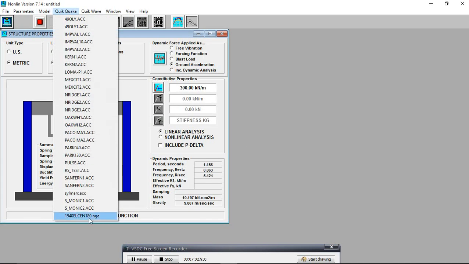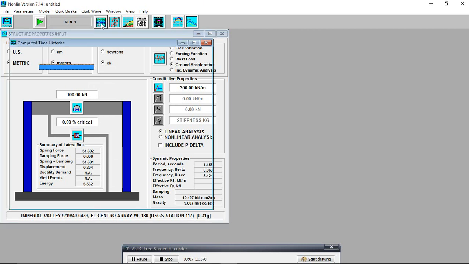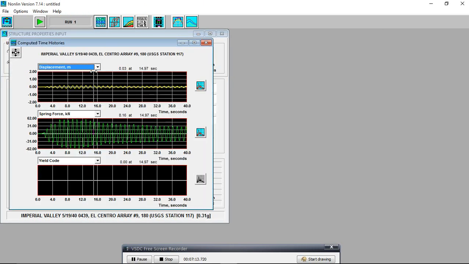I am going to give some earthquake, and after running, you can see here this is the displacement. If you keenly observe, the displacement stays the same because we have not given damping. With zero damping, the response is constant.